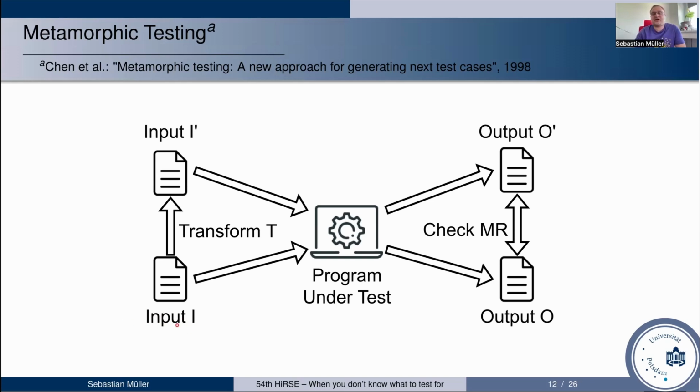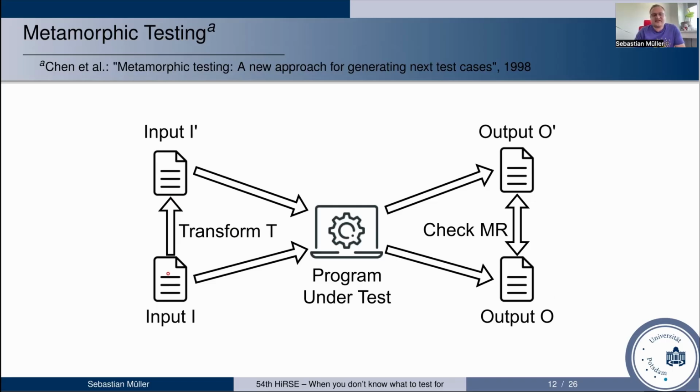So we're still taking our general input for our program under test, and we're still running it through our program under test to generate our first actual output. But rather than taking the same input and looking into our crystal ball to predict what our program is doing, what we're doing instead is we're taking this input and applying a transformation function, let's call it T, to that input and generating a new input, let's call that I prime.